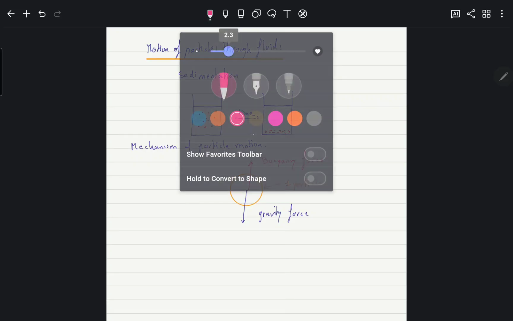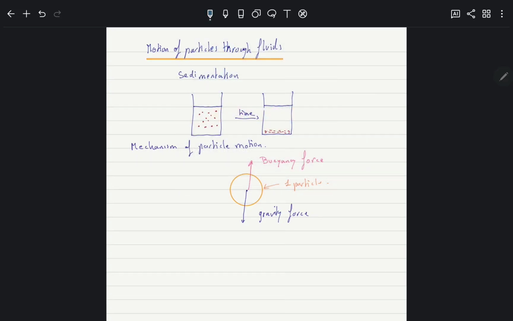And as it's moving down towards the bottom of the tank, there is a drag force that opposes the fall of the particle. What we want to do next is express each of these forces.